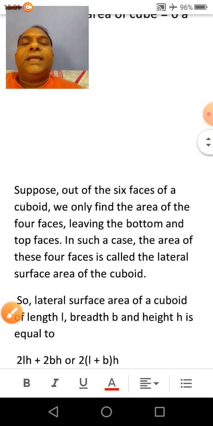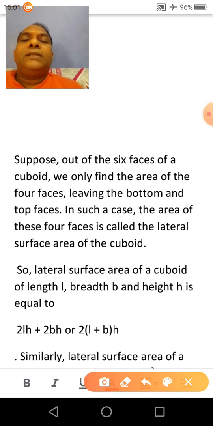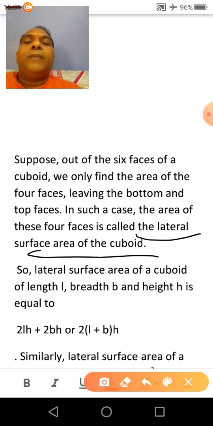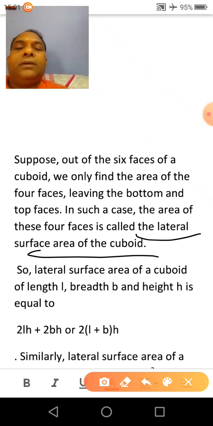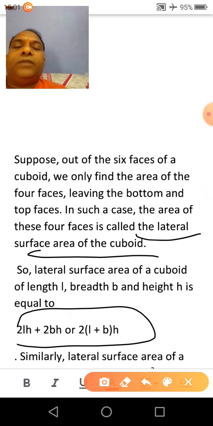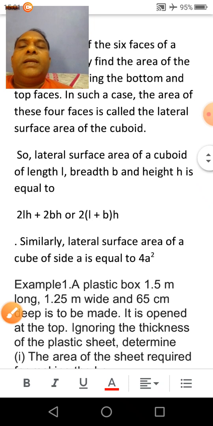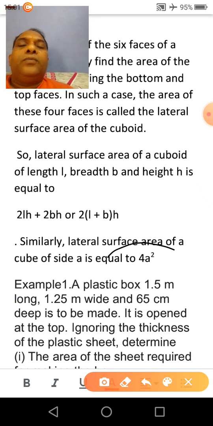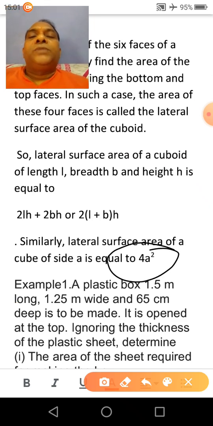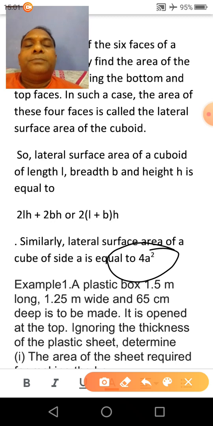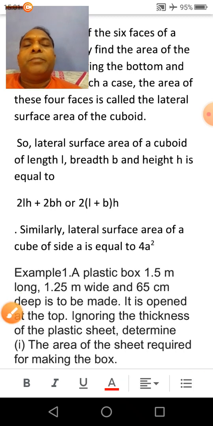Now, in lateral surface area of cuboid, you have to leave the area of bottom and top faces. Then you have lateral surface area of the cuboid, which will be 2 into (L plus B) into H. Similarly, lateral surface area of cube will be 4 into A square, because you have to leave the area of bottom and top faces. Clear? Now see the examples.